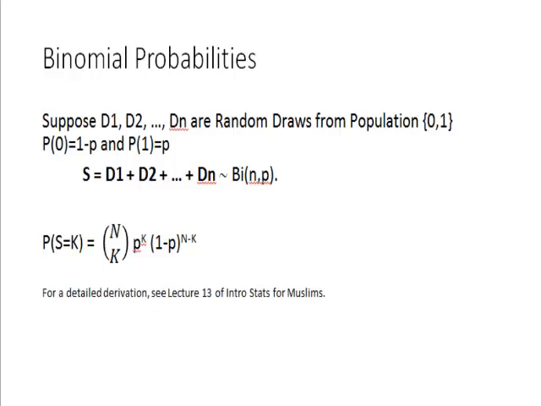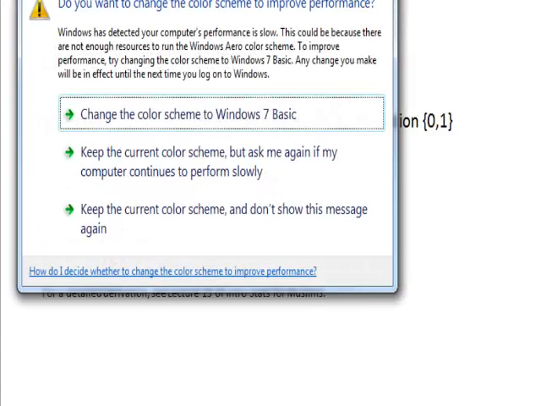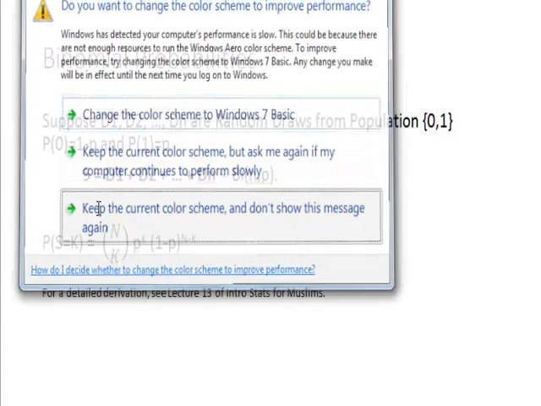So first we consider the concept of a random draw. Here we have a population. We've already discussed that a population can be anything, but now we consider a population of just two elements. One element is the number 0 and the other element is the number 1.